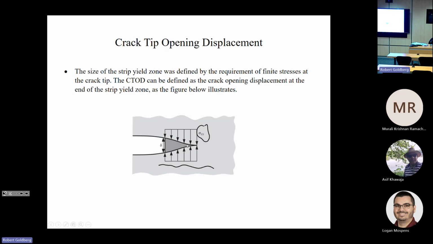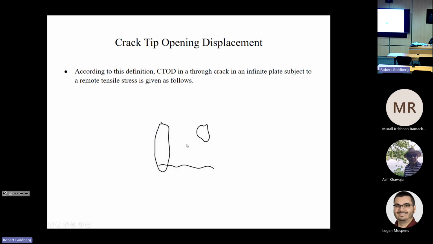So here we define our crack tip opening displacement as the crack opening displacement at the end of our strip yield zone. So at the edge of our strip yield zone, we take our displacement between the top and bottom faces of the crack there, and we call that our crack tip opening displacement. So according to this definition, and the derivation of this is more complicated to go into here.